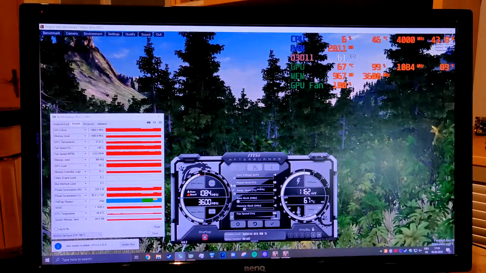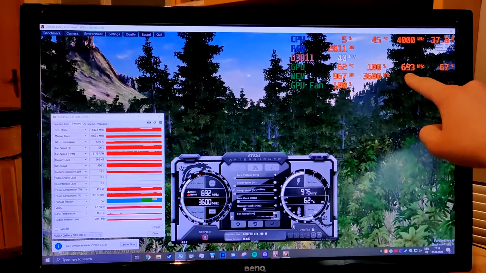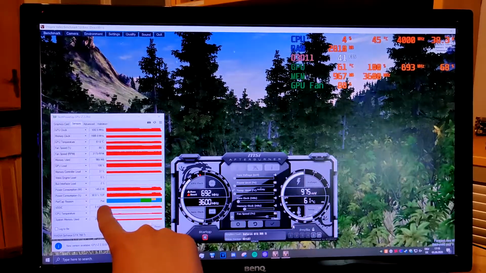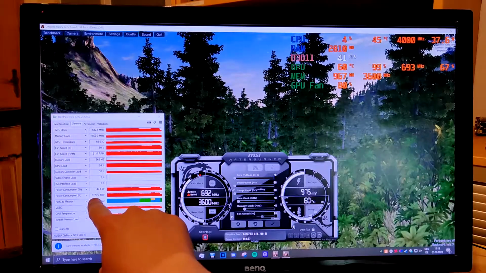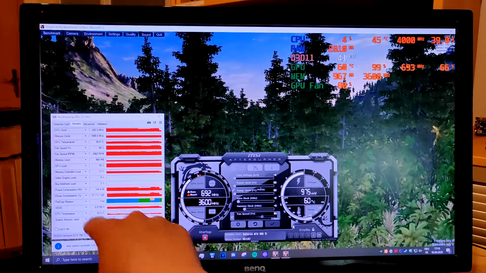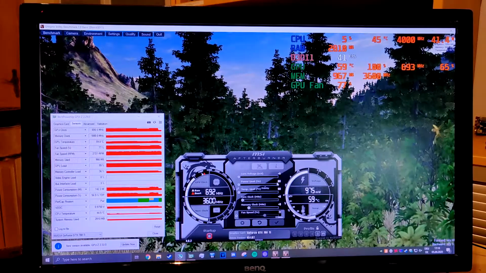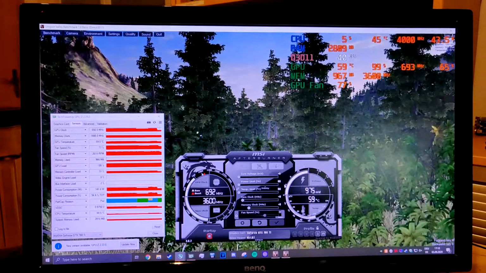If we go all the way down to 60%, we will go down to 700 megahertz. And yeah, we see here we are power limited. We are at pretty much the 60% and around 144 watts. And if we say, let's just pretend 60% is 100%.